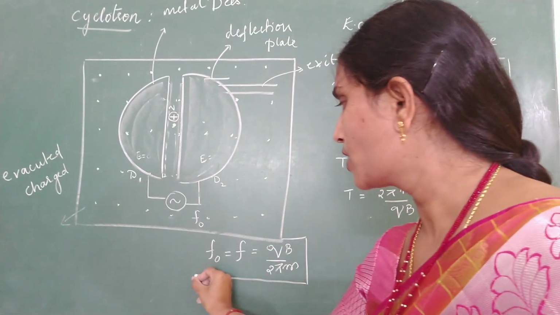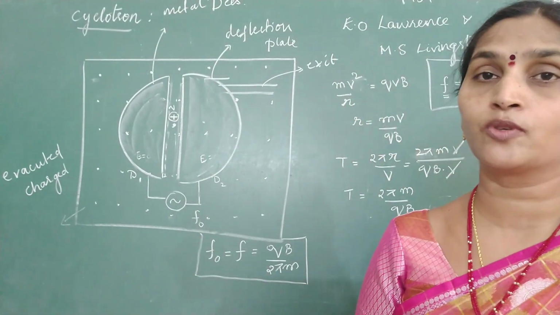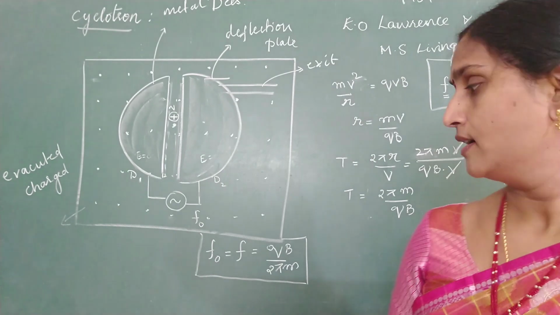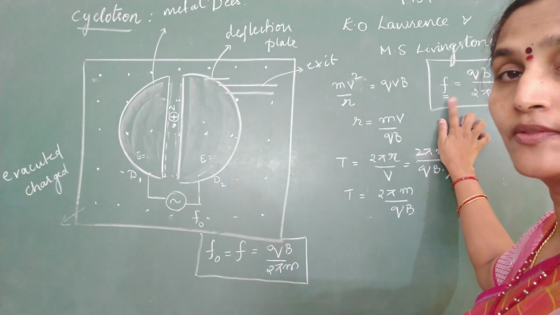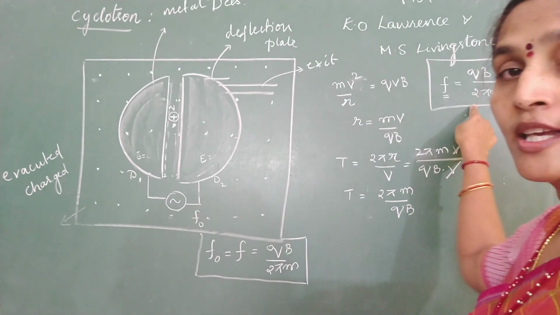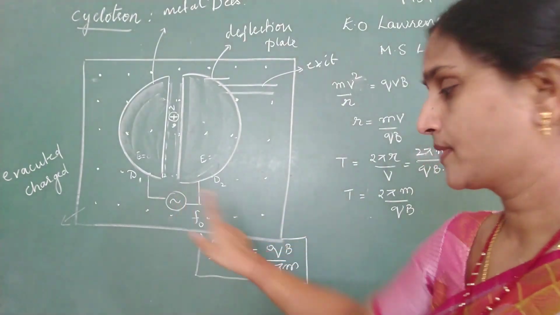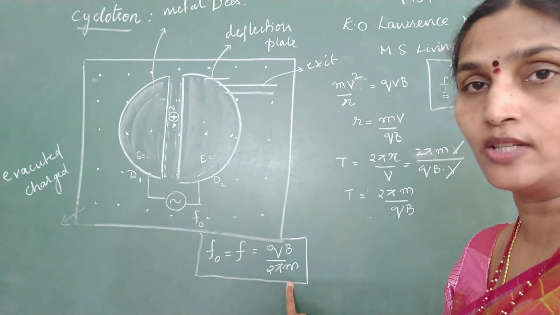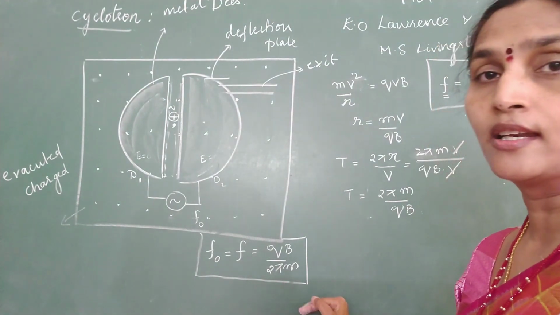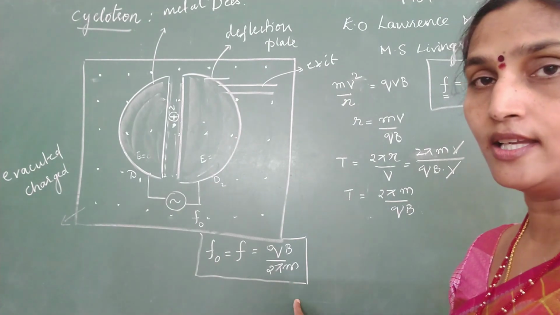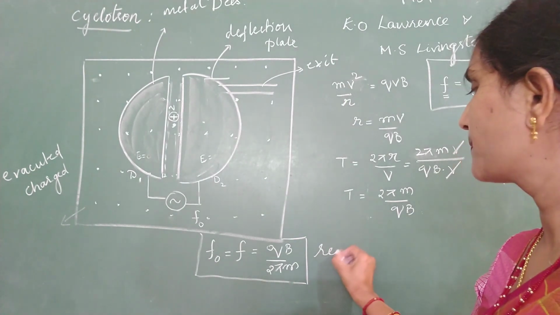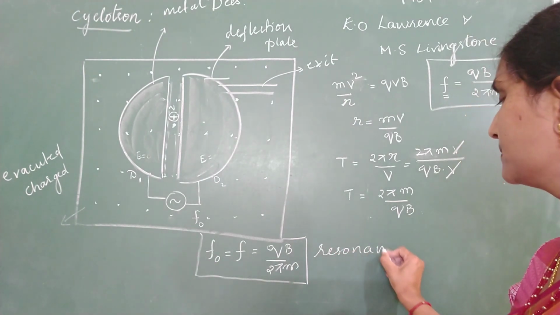So this is the first precaution that you have to take before you begin this cyclotron. Again I repeat, calculate the frequency of revolution of a charged particle. We know it's qB by 2 pi m. Keep the frequency of oscillator same as the frequency of revolution. Only then the cyclotron is going to work properly. So this is the first condition and we call this the resonance condition.